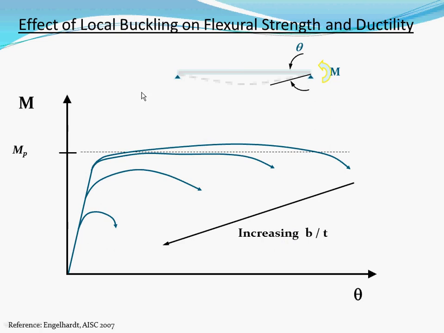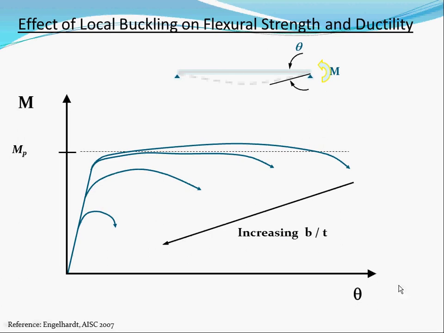Why is it important? If you look at this curve, the moment rotation curve, with the capacity of the moment MP up here. If you have a B over T that is small, you are most likely to get to your MP. However, if you keep increasing the B over T, you don't get to the MP, because you're buckling prematurely at that time.